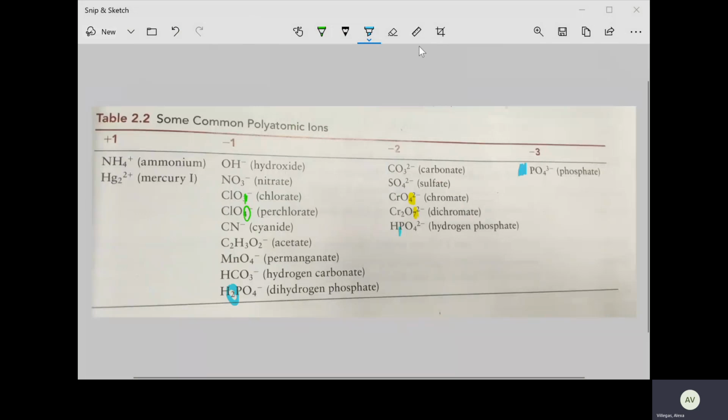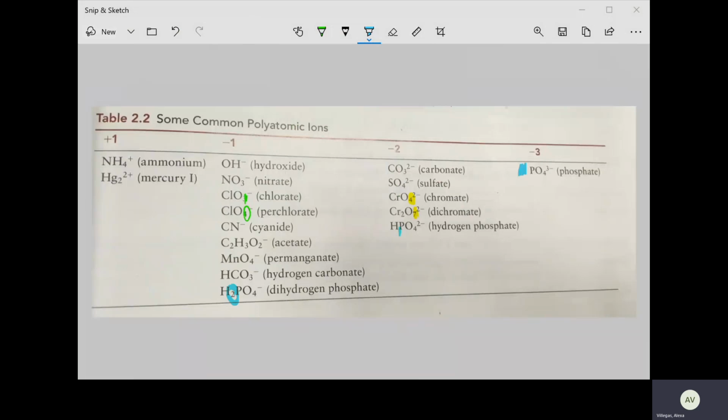This is another table. This was on page 44 of your textbook, and this goes a little bit more into some of the naming as you get more into nomenclature, the reasoning behind this. ate is an ending that you'll use within a group of oxygens that's built with the rest of the polyatomic, and that title is given to the highest number of oxygens within that group.